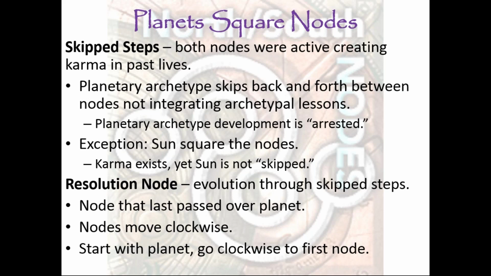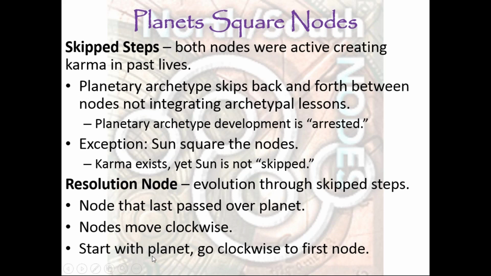And when the planet has skipped back and forth between those two nodes, you've got to find that resolution node, because that's the bottom line that has to be referred to in order for that planet to get unstuck and evolve.